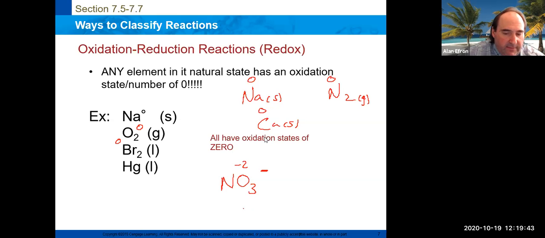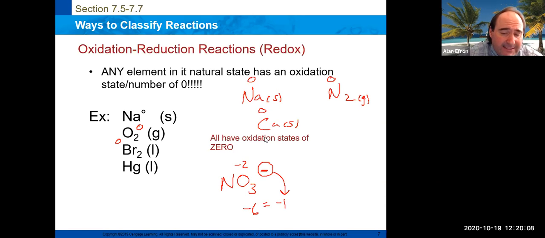There are 3 of them, which gives you a -6. The overall charge on this thing is -1. That means when we add up all of the oxidation numbers for all the elements that are there, they do need to equal the charge that we see on the ion, or 0 if there is no charge.